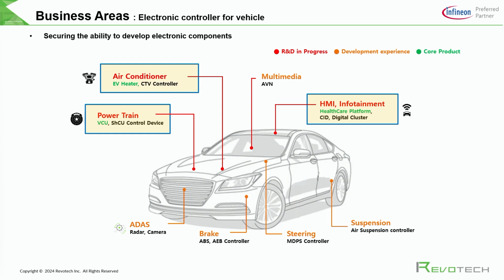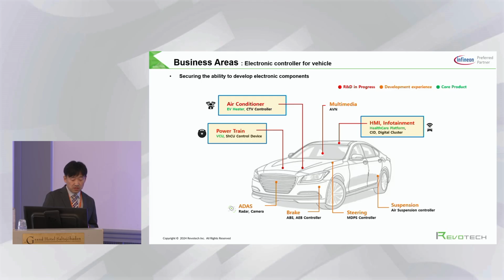Currently, we are dedicated to advanced technology for the next generation of electronic vehicle. Our focus areas include vehicle control units and positive temperature coefficient heater and brushless DC motor controller, all of which are crucial components for electronic vehicles.